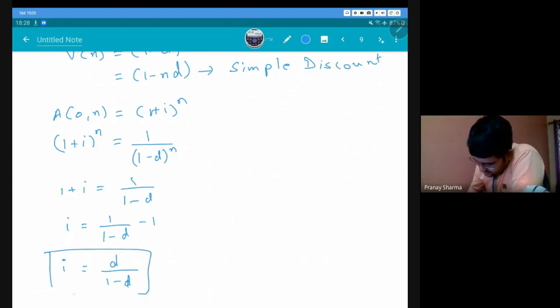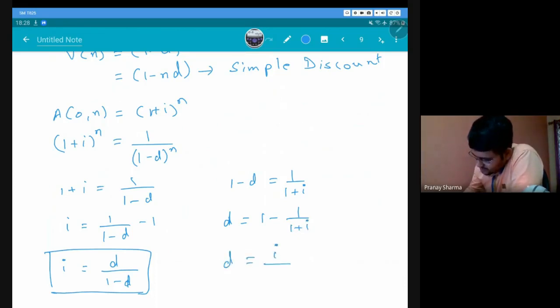This becomes our formula. Similarly, I can reciprocate this and I will get 1 - d = 1/(1 + i). So d = 1 - 1/(1 + i), and that gives us d = i/(1 + i). This is for compound.